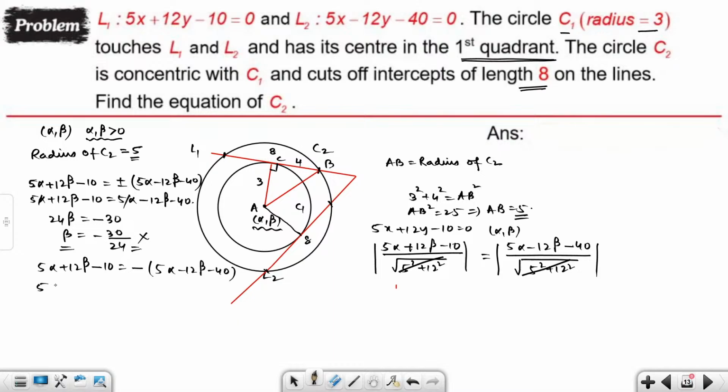If I open the bracket, 12 beta goes off, so we are having here 10 alpha is 50. So what is alpha? Alpha is 5.